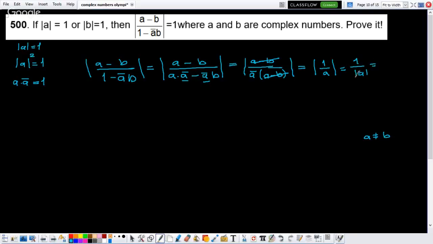And we know that A module is equal to 1, which is 1 over 1, then it's equal to 1. So A minus B over 1 minus A conjugate B in module is equal to 1 if A module is equal to 1 and B module is equal to 1. This is the proof of it.